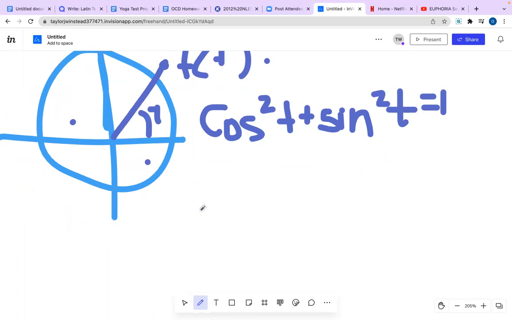But the important thing is that this function is called a parametrization of the unit circle.